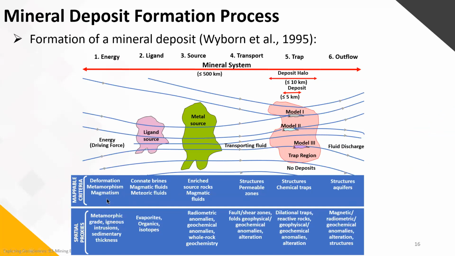So when we are in the field, any observation that will show deformation, metamorphism, magmatism will give us hints of a source of energy or heat within the area. Anything that we can geochemically find corresponding to brines, magmatic fluids, meteoric fluids, will give us the ligand source within the area. Any enrichment within our source rocks from magmatic fluids will give us our metal source.